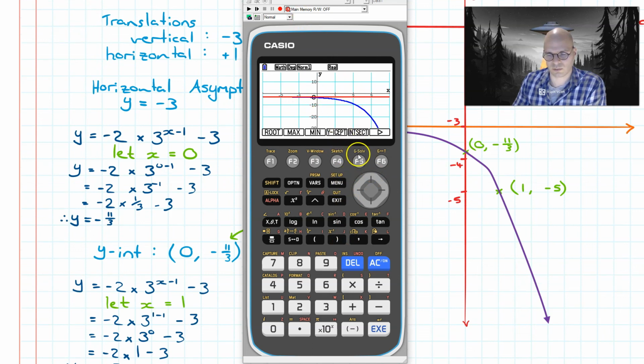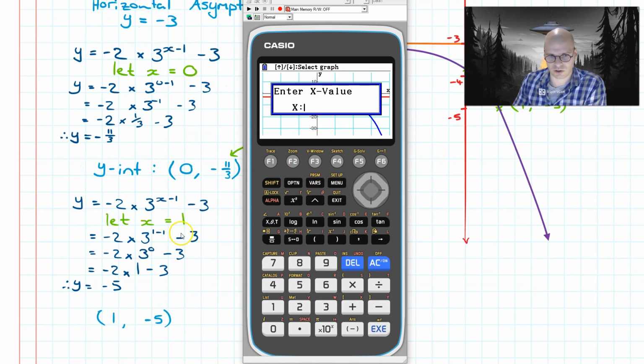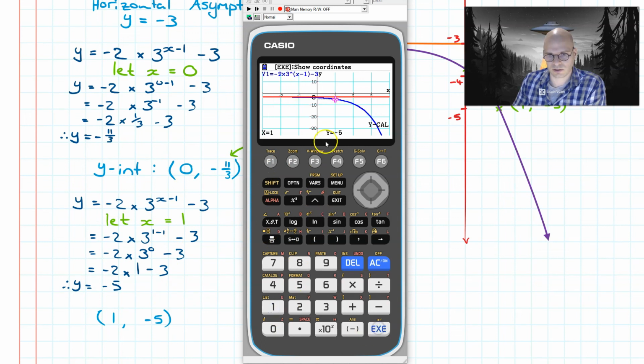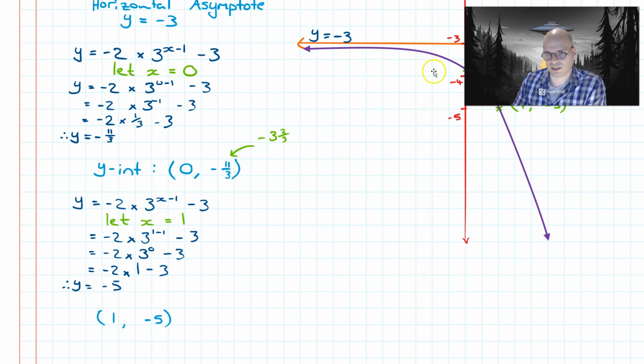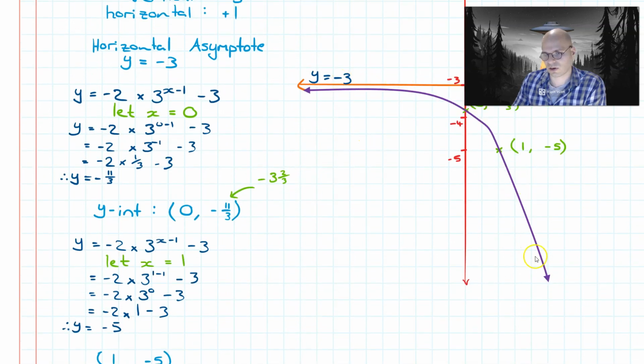Now I just check my y-intercept is indeed at -3 2/3. And if I go to gsolve again and go for my y value, if I put in a value of x equals 1, then I indeed get y equals -5. So what I can see is that I was successful in graphing this exponential over here.